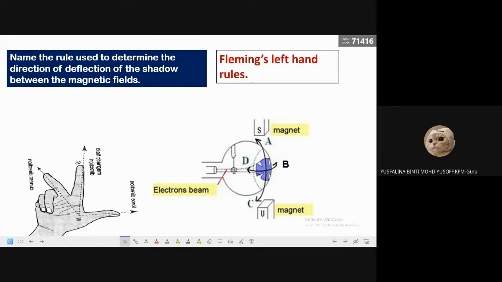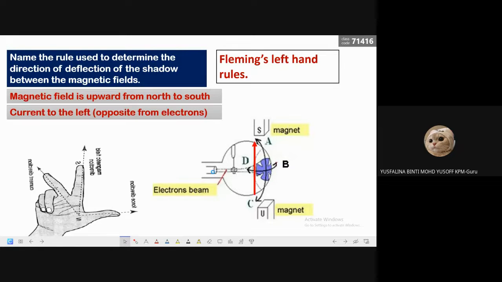Also you have to see this is north and south, so you need to put your fingers upward like that. The current is going to the left, opposite from the electrons. Then your shadow will move to B.